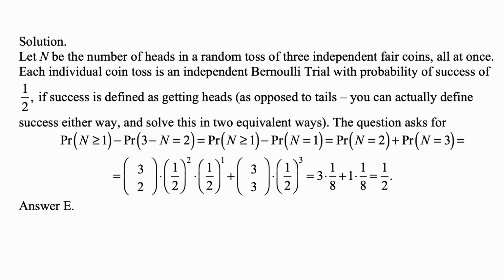And therefore, since those add up to 1, and they should be the same, the sum of these two has to be 1/2. So that's actually immediate that you can guess that this is 1/2, which is answer E.